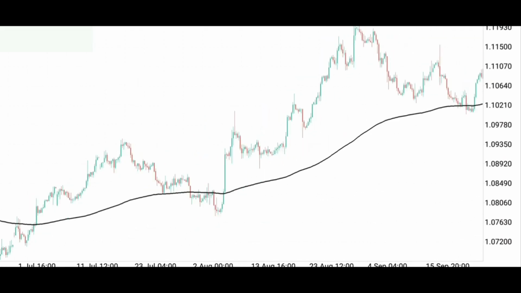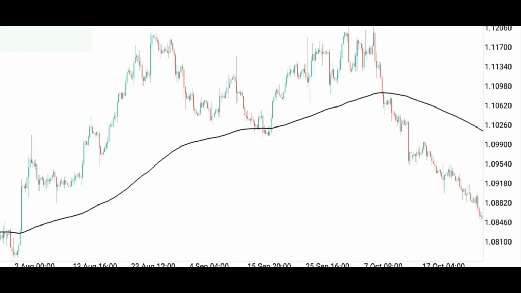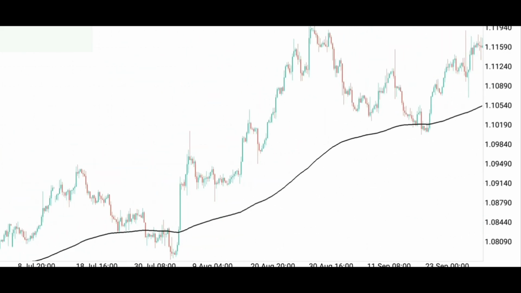So we are going to open the chart to identify uptrend, downtrend, and a consolidating market using moving averages. To spot an uptrend or downtrend using moving averages is quite simple. This is EUR/USD on the 4 hours time frame, and the moving average we have here is the 200 exponential moving average.